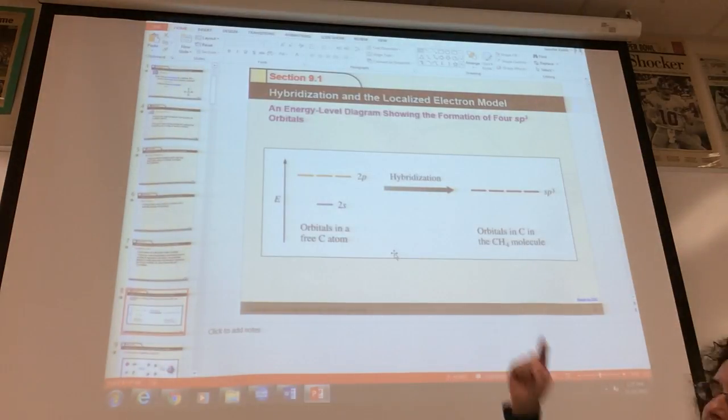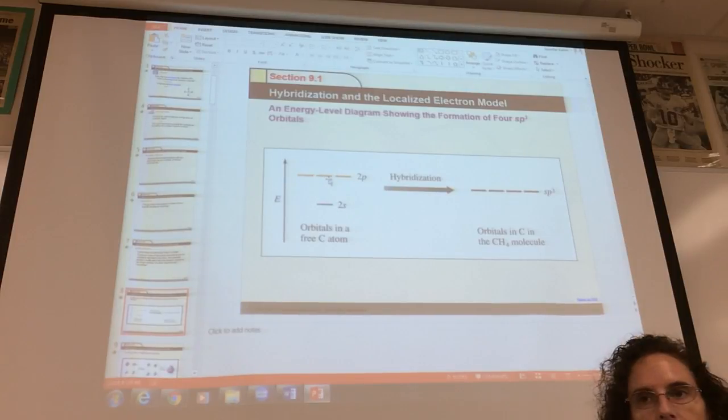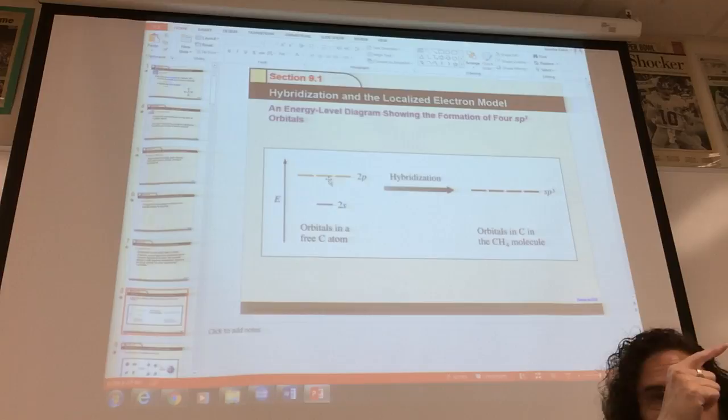If you had an S and 3 P's, they will blend intermediate energy and form an sp3 hybrid. If you have an S and 2 of the P's, you'll form an sp2. If you have an S and 1 of the p orbitals, you'll have sp.